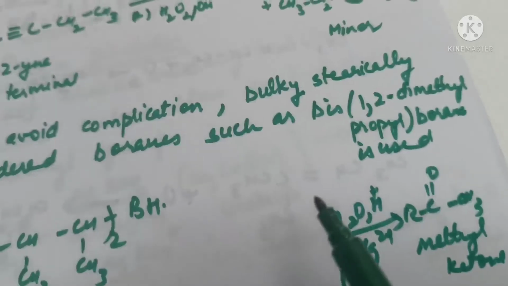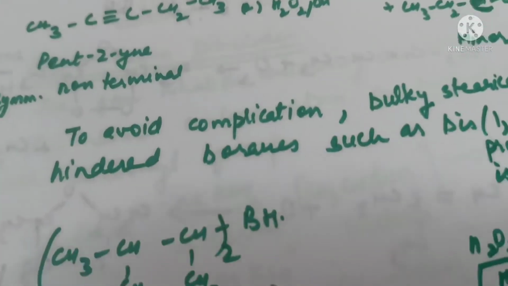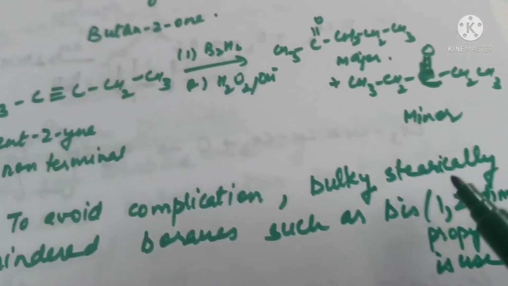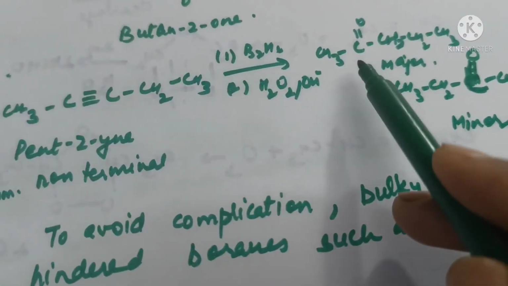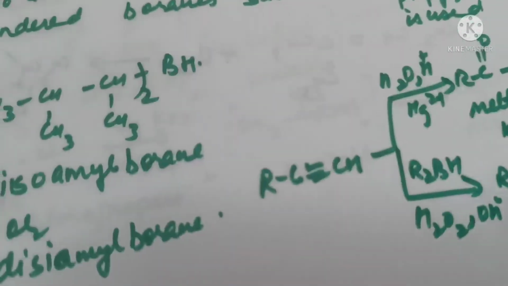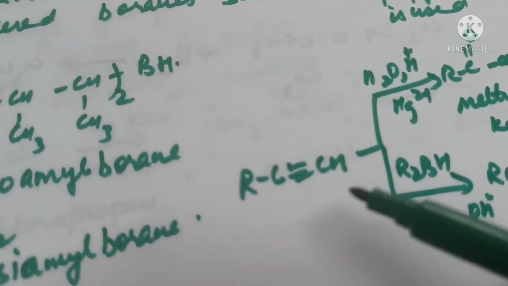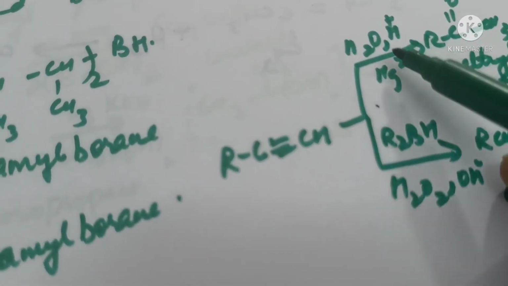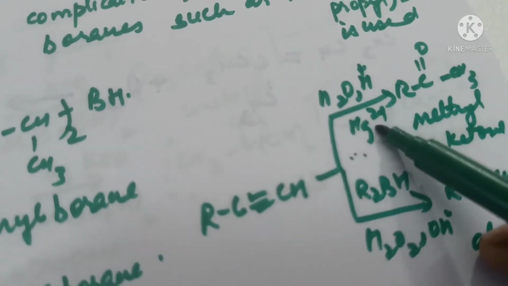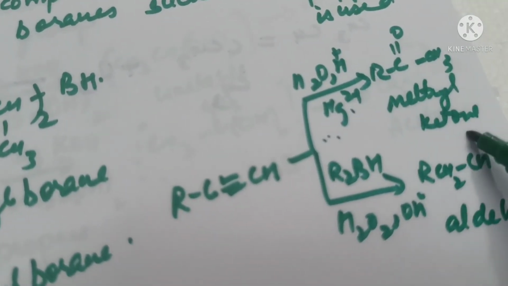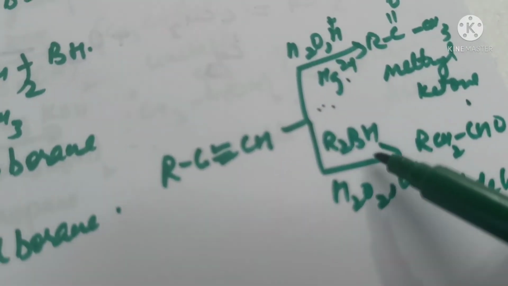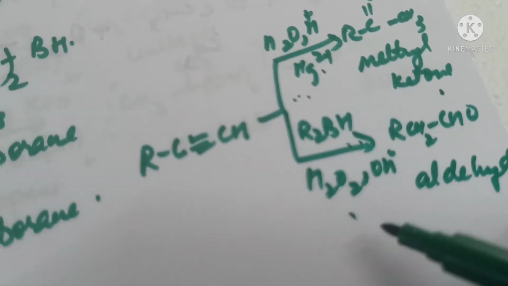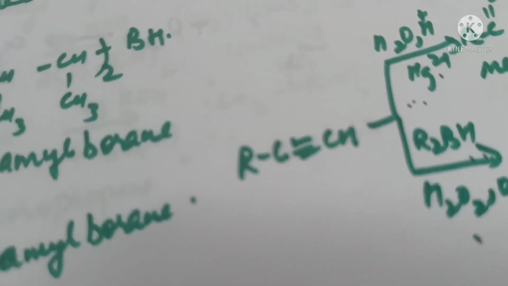So using this, we can form ketones only at one position. Pure product will be formed. So interestingly, when we use dilute sulfuric acid and mercuric sulfate with alkynes, methyl ketone was formed. But when we used diborane and alkaline hydrogen peroxide, aldehydes are formed.